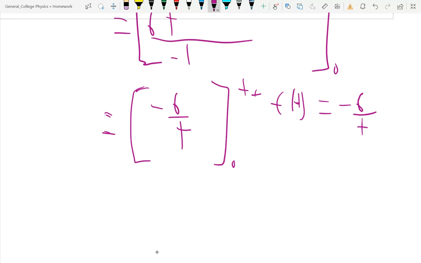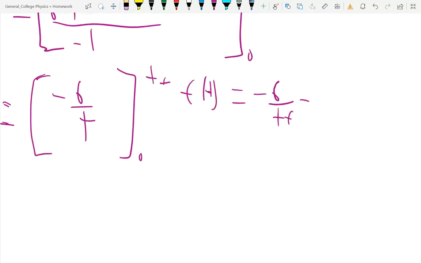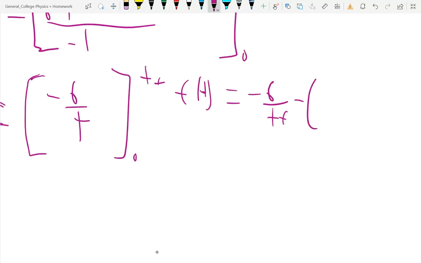So instead of T, you're putting T final for the first one. And then you're subtracting, staying on that same line, parenthesis, minus 6 over your lower limit, which is 0.